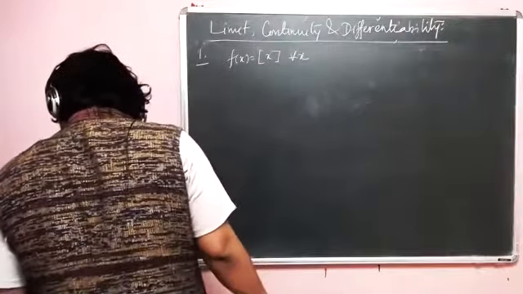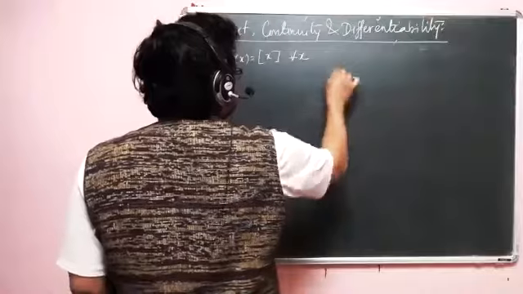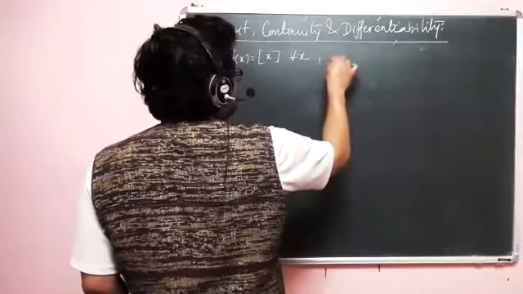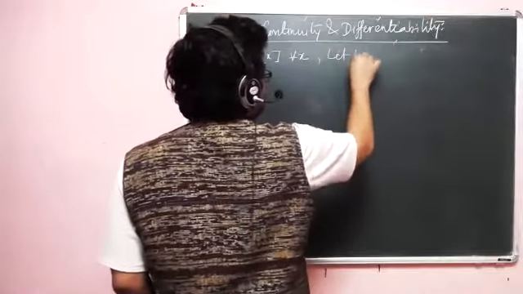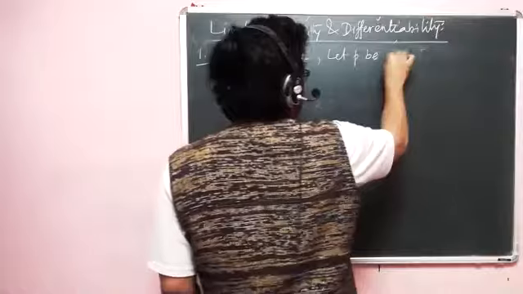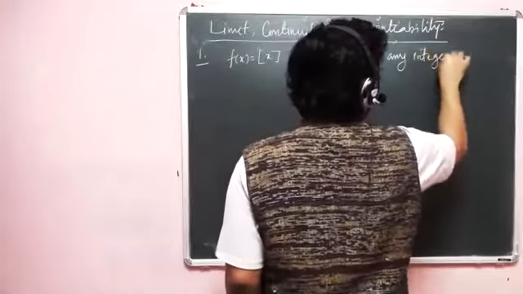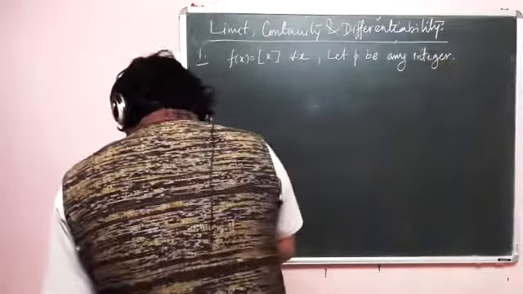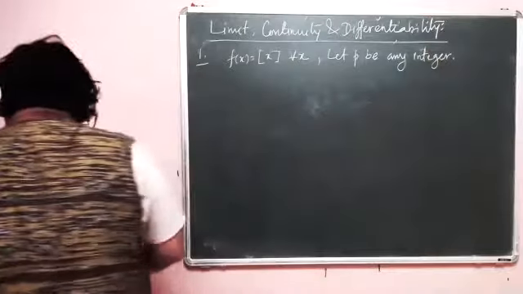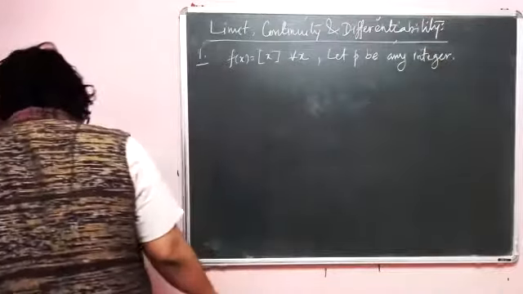Now, in order to find a limit, I need a point, right? So let P be any integer. Okay. So we know how this floor of x behaves, right?